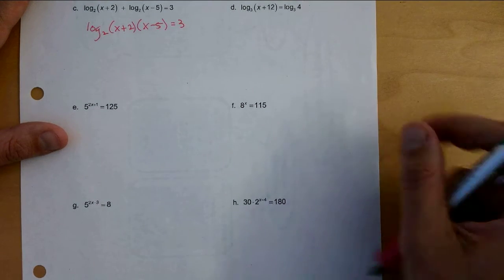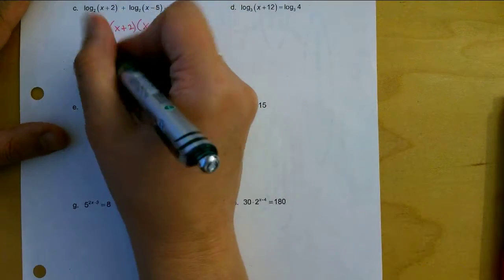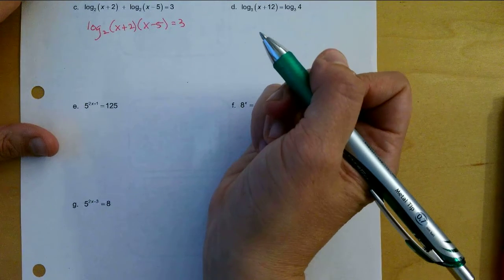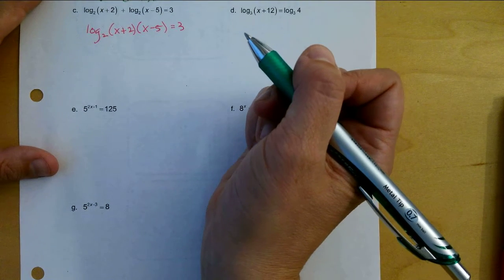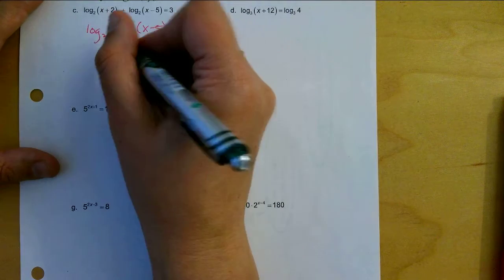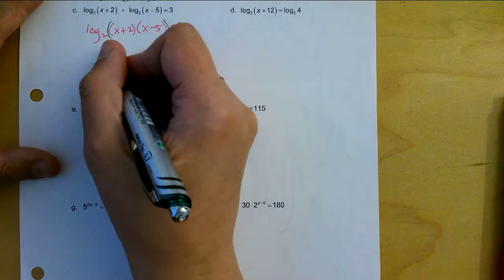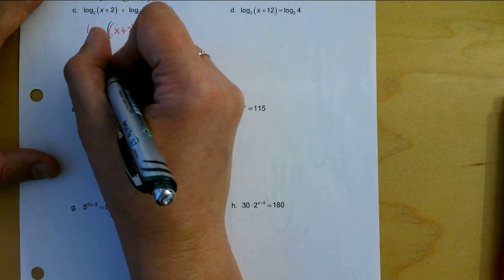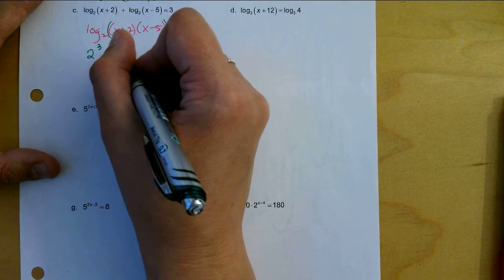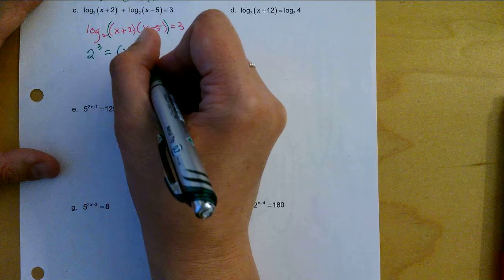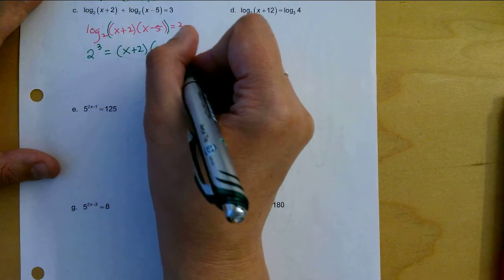Okay, and now what? Well, can we get these x's out of the logarithm? Same exact process, right? 2 to the power of 3 equals x plus 2, x minus 5.